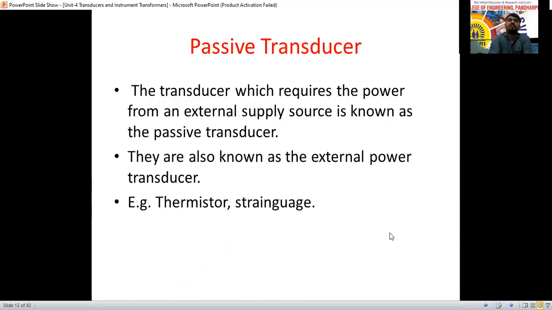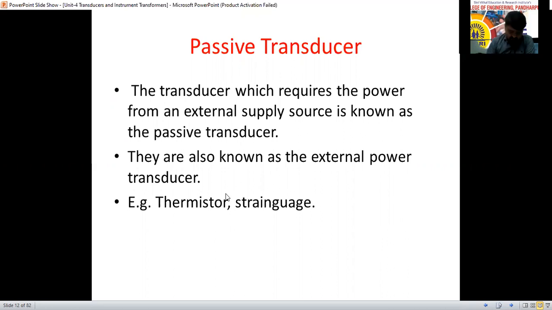Next we will go for passive transducers. The transducer which requires power from an external supply source is known as a passive transducer. It needs external power supply. They are also known as external power transducers. Examples are thermistors and strain gauges.